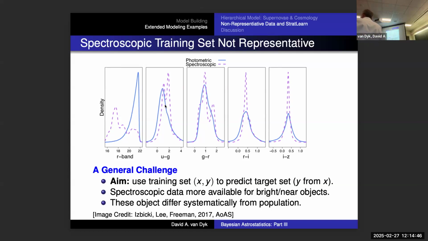The distant objects, not only are they fainter, they are redshifted. The distant redshift objects, fainter, are less prevalent in the training set. Spectroscopic data, yeah, absolutely.